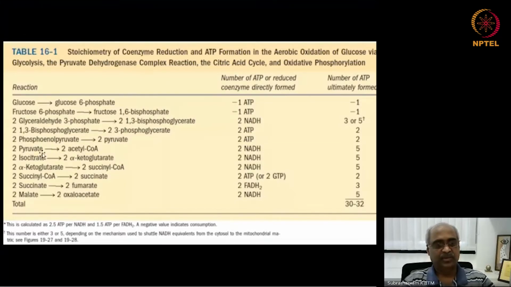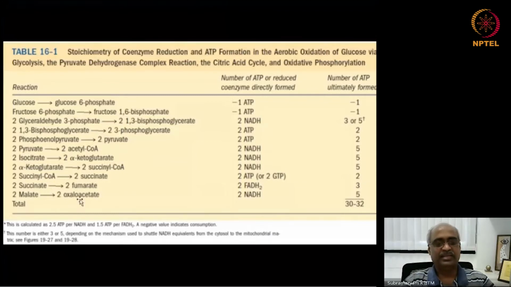So then pyruvate dehydrogenase complex produced 2 NADH, that is 1 per pyruvate, and then isocitrate dehydrogenase, then alpha ketoglutarate, then this high energy diester bond of succinyl-CoA, its hydrolysis 2 ATP, then succinate to fumarate, succinate dehydrogenase, the one that we just saw, the first reaction today, the 6th step, 2 FADH2, and that equals 3.